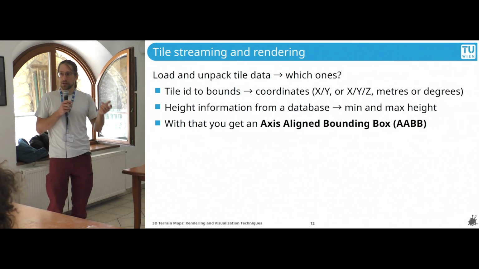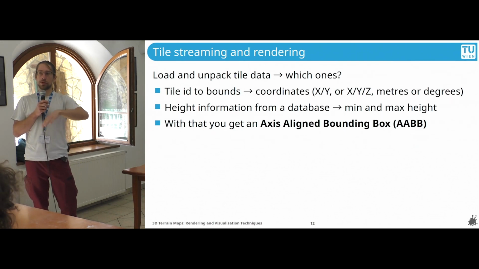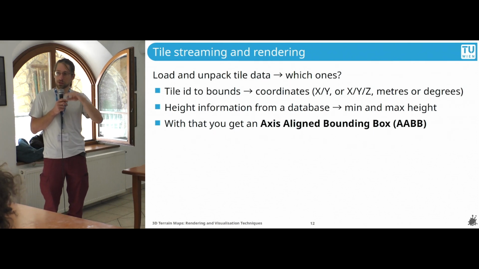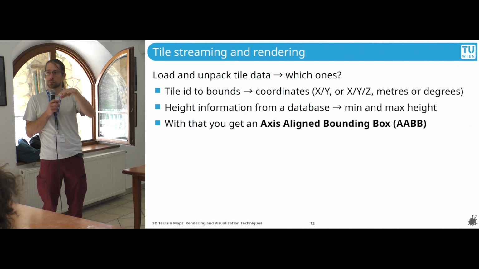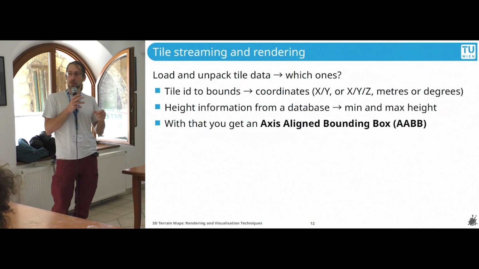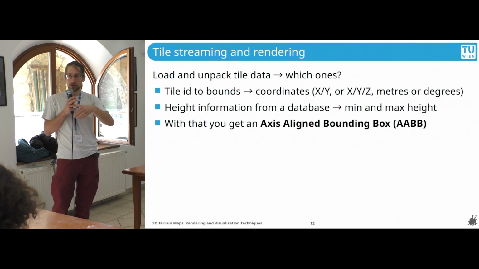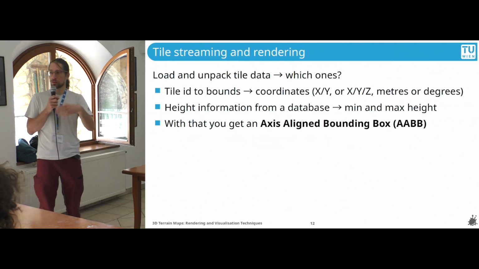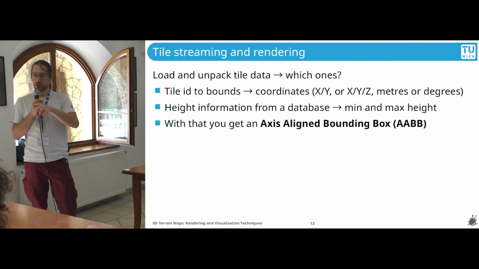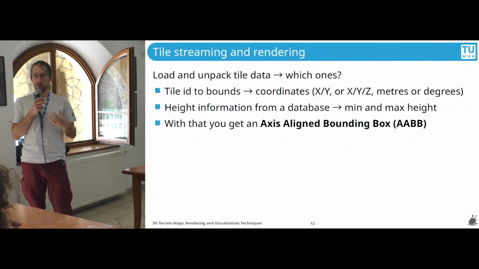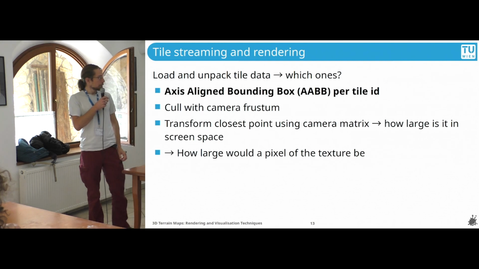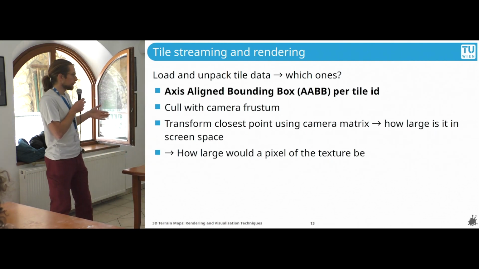What we did as well is go through our data in a pre-processing step, and for each tile store the minimum and the maximum height. And this information we deliver to the client, together with the binary, at the beginning. And so this allows us to make an axis-aligned bounding box for each tile. So that's what we have now.